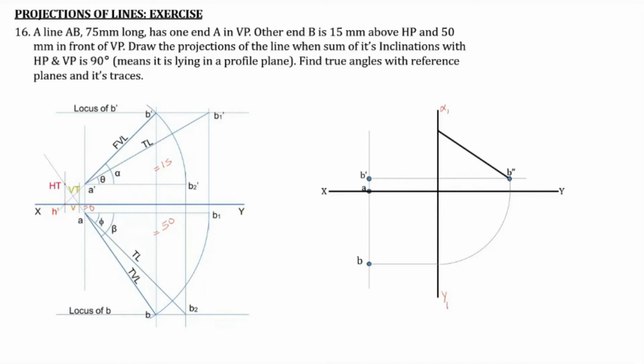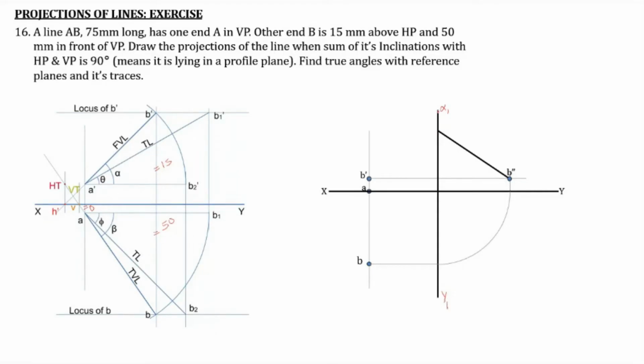Now we know that in the side view, since theta plus phi is equal to 90 degrees, you will get the true length. So in order to get the true length, with the center as B dash and radius as 75 millimeter, we draw an arc on this x1 y1 line.